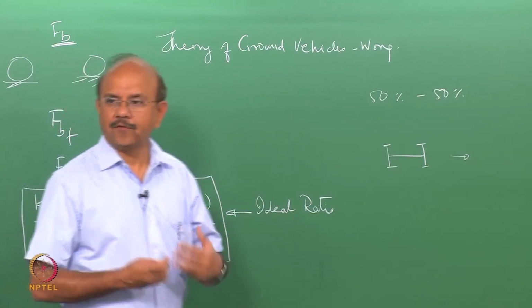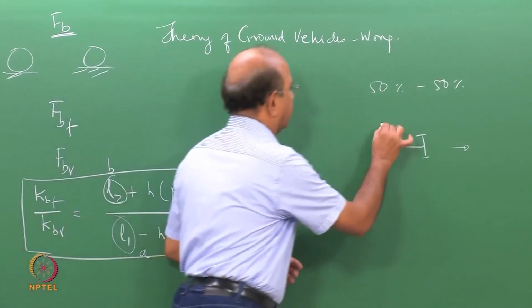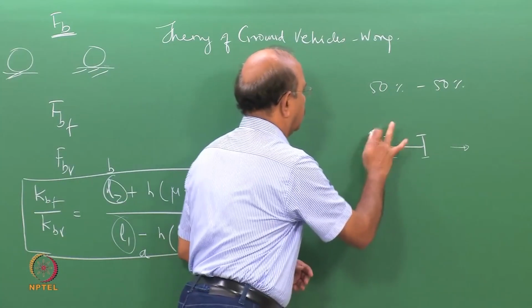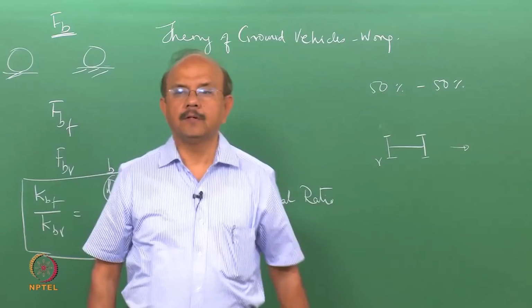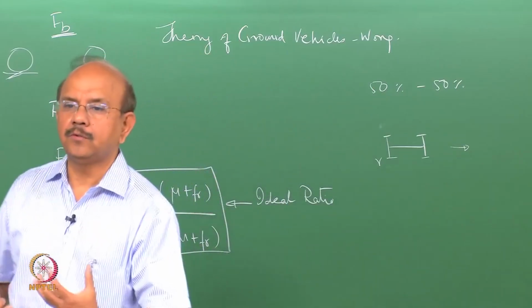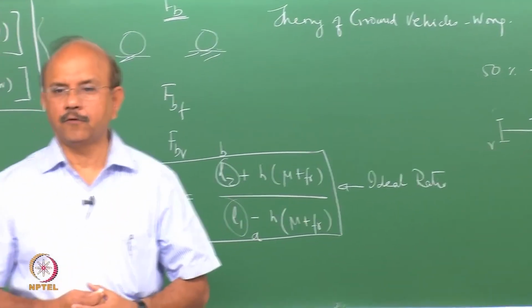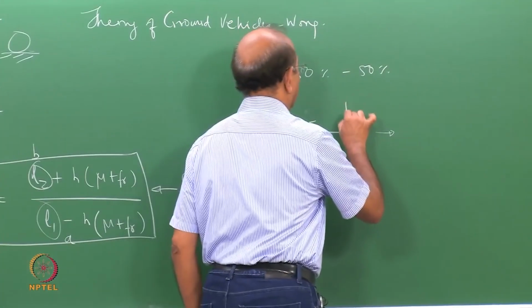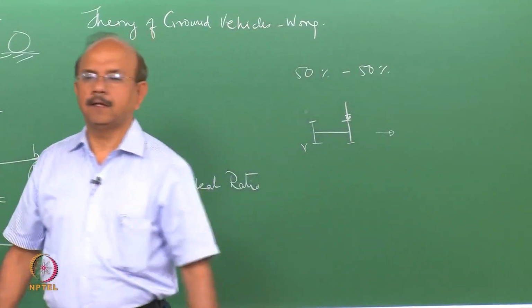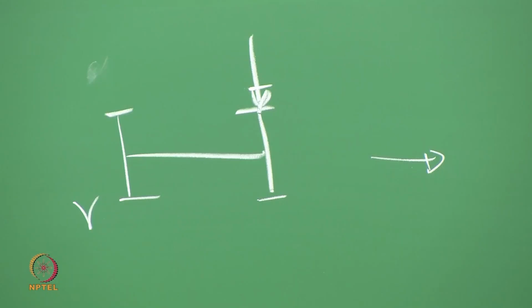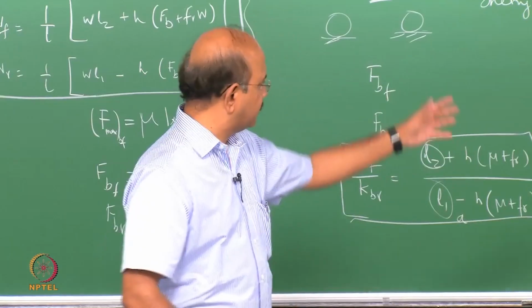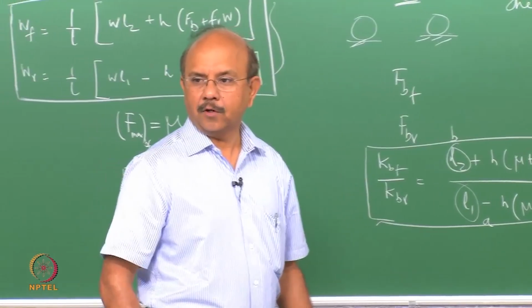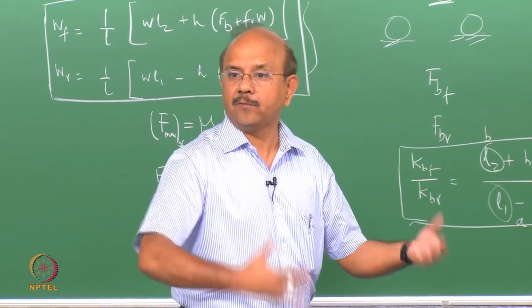This rear wheel has lost the ability to support any lateral force, and so only the front wheel would develop the lateral force. All of the lateral force that's required will be developed by the front wheel.